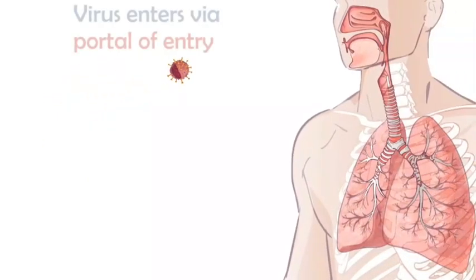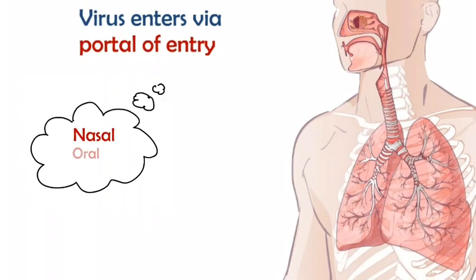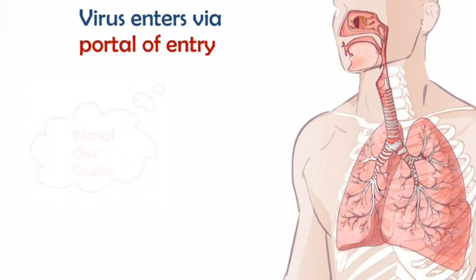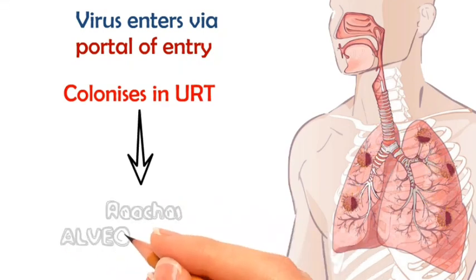The virus enters the body via the portals of entry, which may be nasal, oral, or ocular. The virus initially colonizes the upper respiratory tract, then it reaches the alveoli of the lungs.